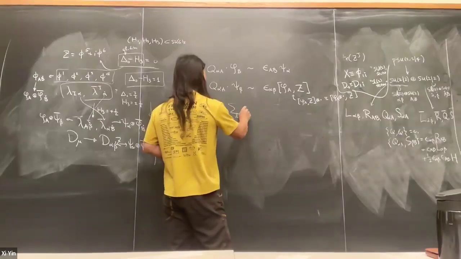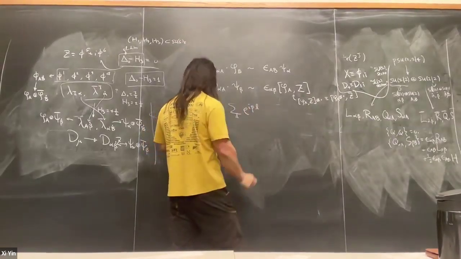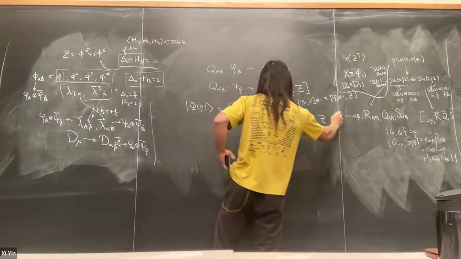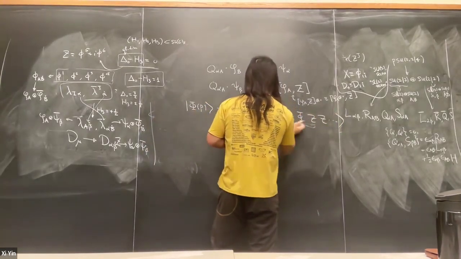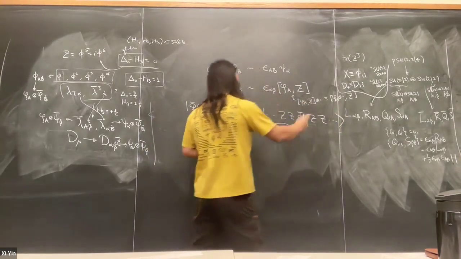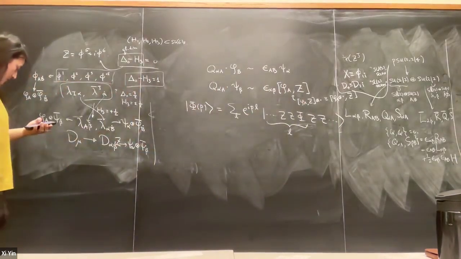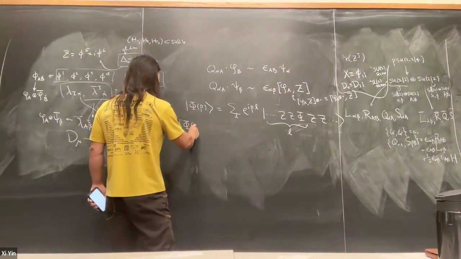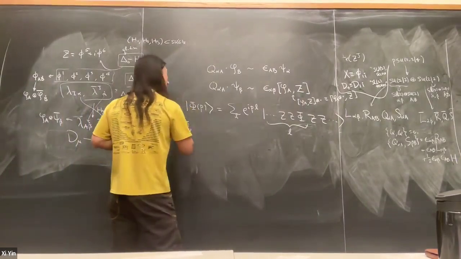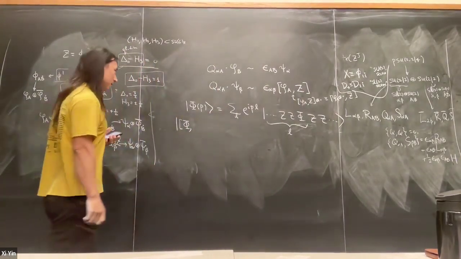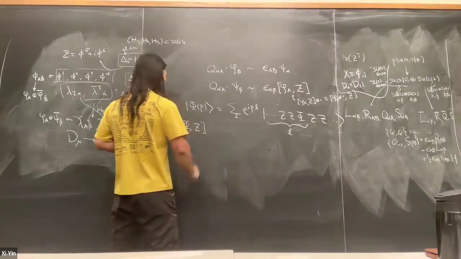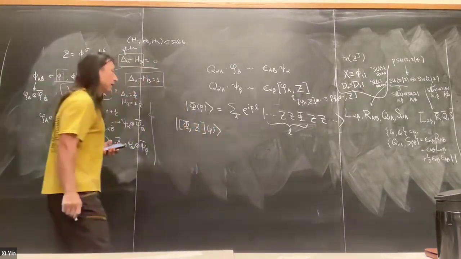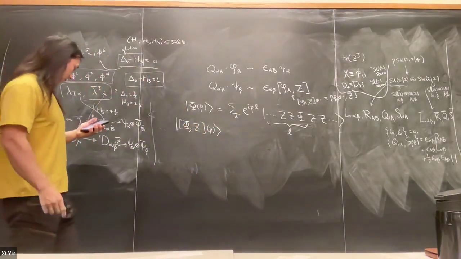Let's consider this plane wave magnon state, phi z, where phi replaces one of the entries. Then if I apply this kind of algebra and encounter something like this, let me replace the phi with the phi z commutator.